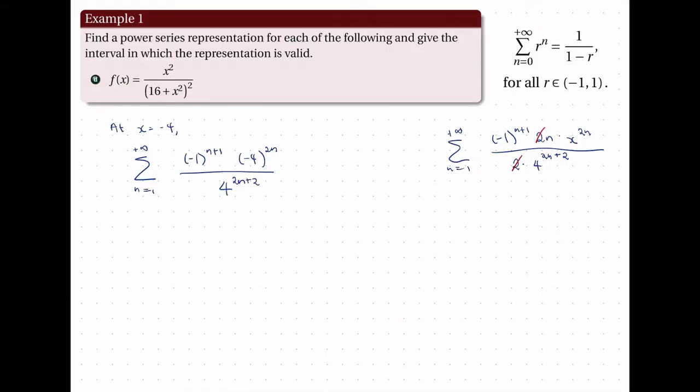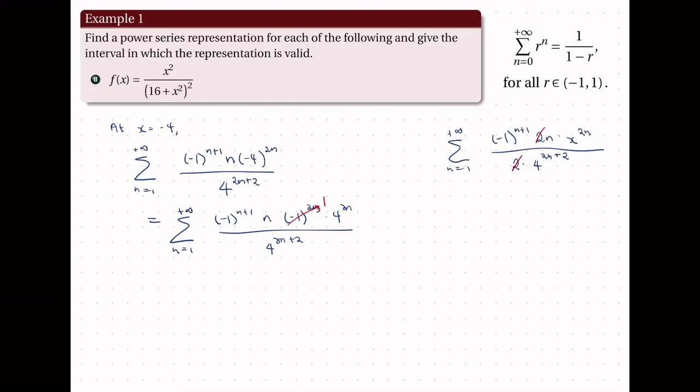Sorry, we have a factor of n here. Okay? Simplifying this, we get the summation from n equals 1 to positive infinity of negative 1 raised to n plus 1 times n times negative 1 raised to 2n times 4 raised to 2n over 4 raised to 2n plus 2. Okay? Note that this is just equal to 1.